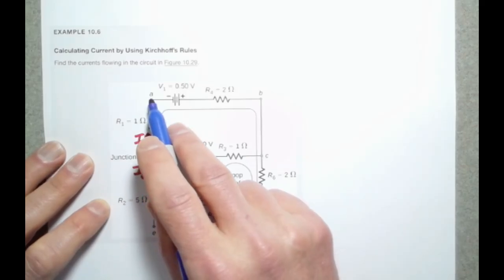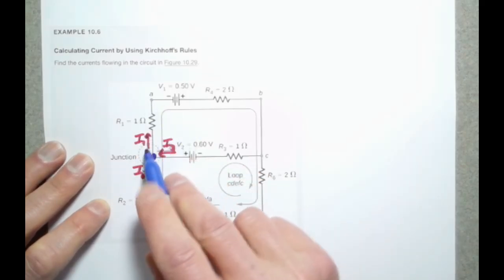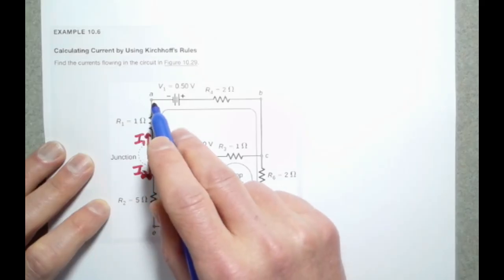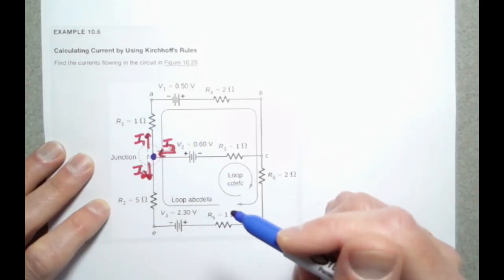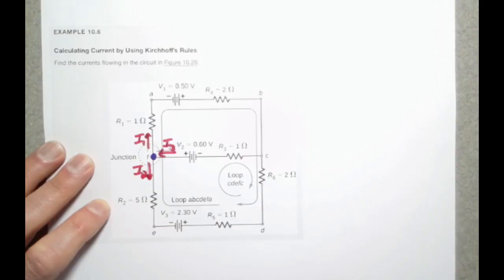Does the voltage go up or down if I'm going in this direction? Down. It goes down. Why does the voltage go down? V equals IR, and I'm going in the direction of the labeled current. Does that make sense? In the direction of the current, the voltage is going to drop.